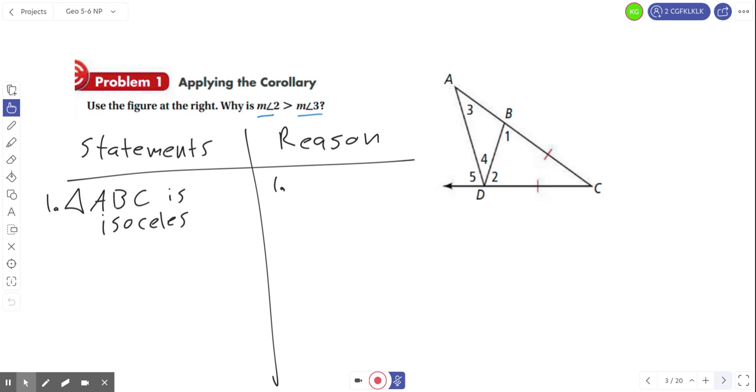They've marked that line segment CB is congruent to line segment DC. Because of that, I can say that angle 1 is congruent to angle 2. And the reason for that is they are the base angles of an isosceles triangle.